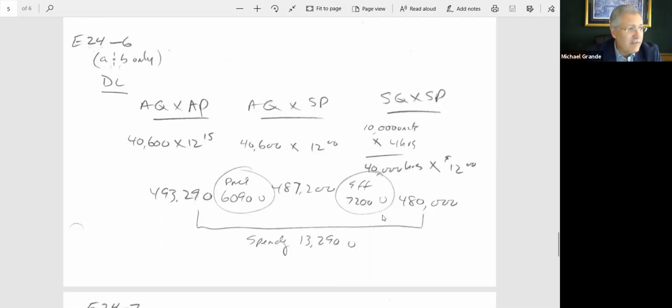Let's look at the efficiency variance. They should have used 40,000 hours to produce those 10,000 units, but they actually used 40,600 hours. They used 600 hours too much. 40,000 versus 40,600. 600 hours too much at $12, $7,200.